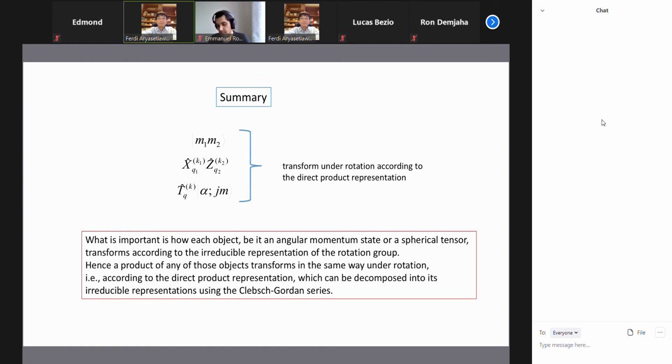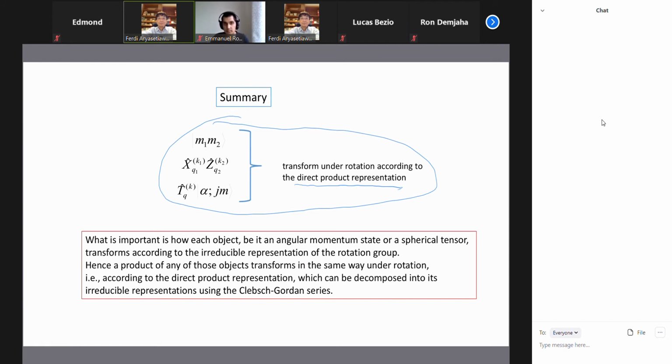Okay, so the key point is here. The product of these, whether they are angular momentum states or spherical tensors, they all transform according to the direct product representation under rotation.